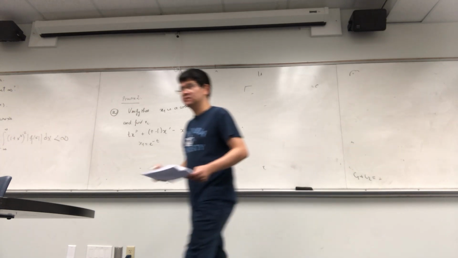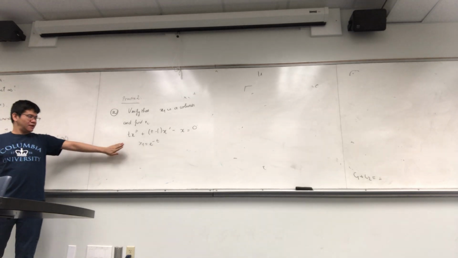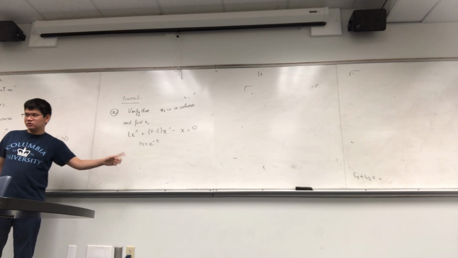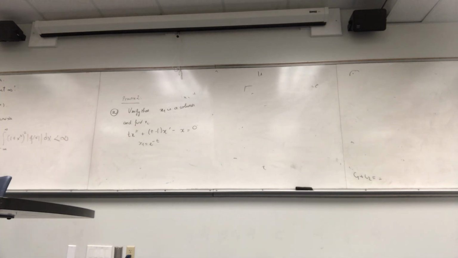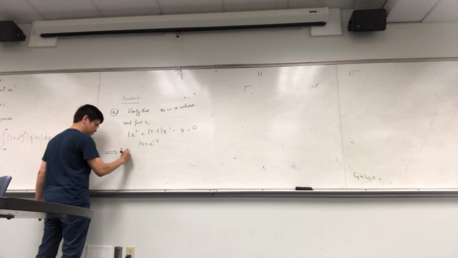All right. Now, I give you the equation. I ask you to check this is a solution, and I ask you to find the second solution. So what is the method that we are using here? Yes? Yes. So this is reduction of order.